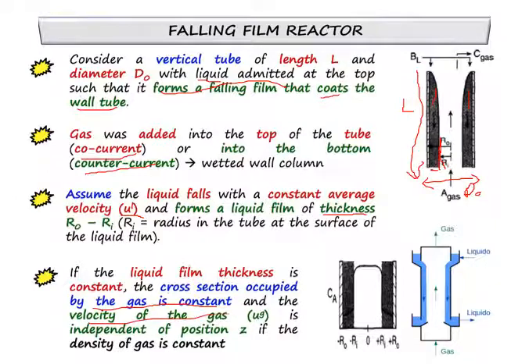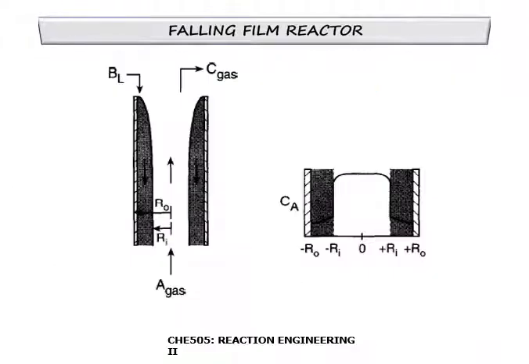So the velocity of the gas is termed Ug, and it is dependent on position Z. And another assumption is that the density of gas is constant. So this is an illustration from close up. In this example, species A is in gas form. This one is liquid, species B in liquid form.